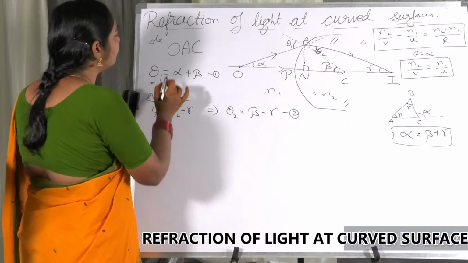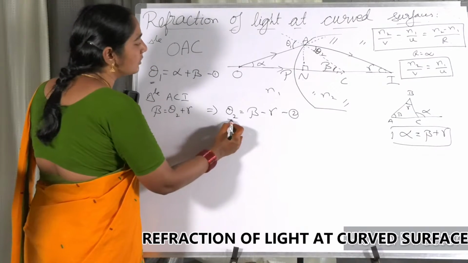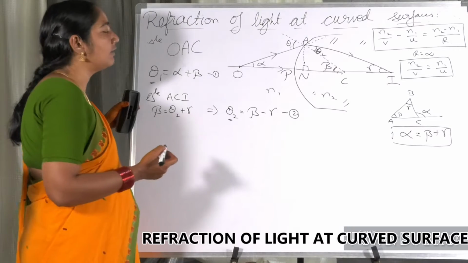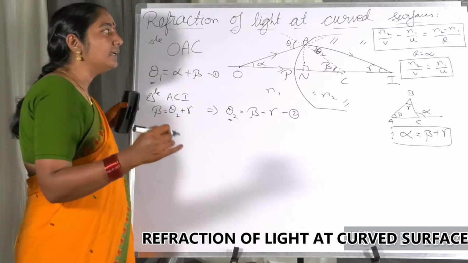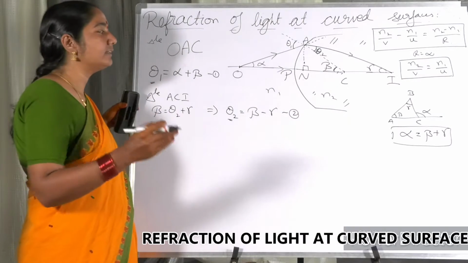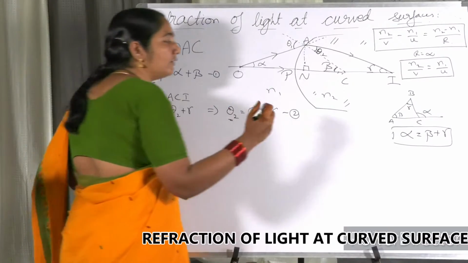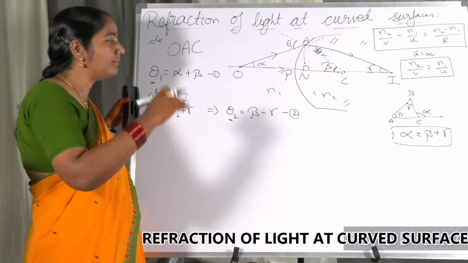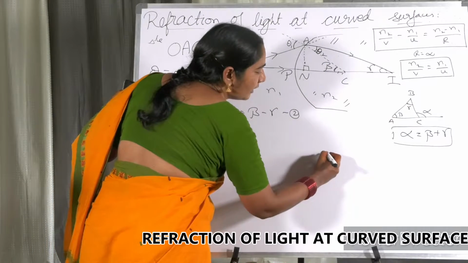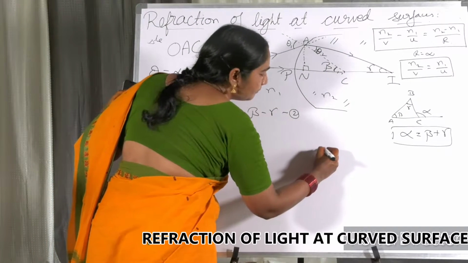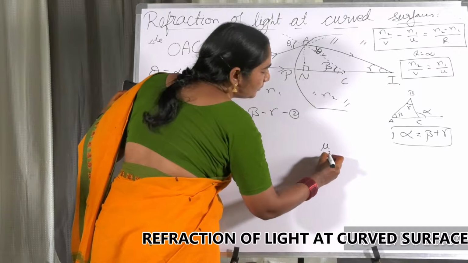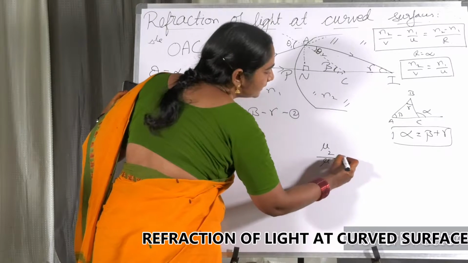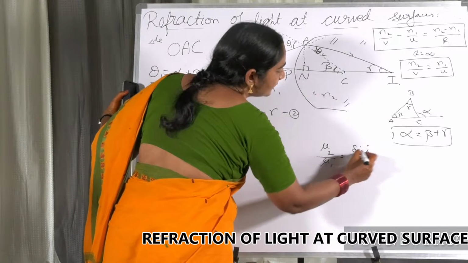Now you got the value of theta 1 and also the value of theta 2 in terms of alpha and beta. My dear friends, please try to recollect the previous theory we have discussed. If you don't know, please once again see the previous videos. Now we have already seen that mu21, or mu2 by mu1, is equal to sin i by sin r.